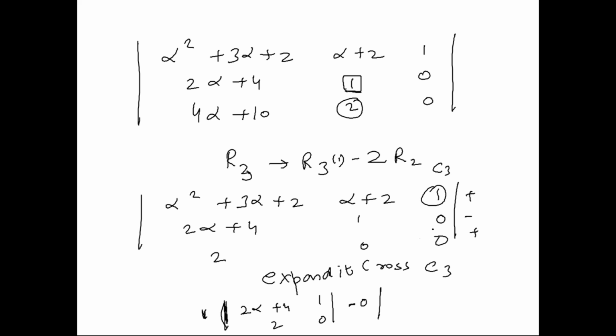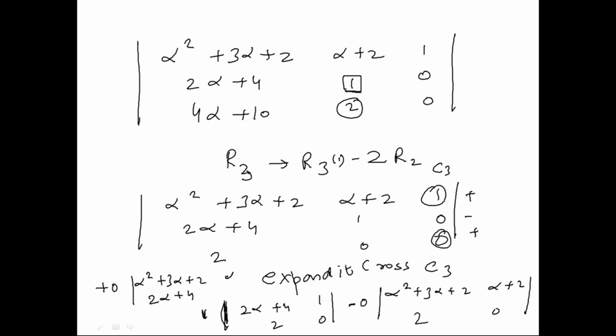Leave the middle row and the rightmost column. It becomes alpha square plus 3 alpha plus 2, alpha plus 2, 2, 0. Okay, now the third part, this is again 0. I am writing it over here, plus 0. Leave the bottommost row and the rightmost column. This will become alpha square plus 3 alpha plus 2, alpha plus 2, 2 alpha plus 4, alpha plus 2 and 1.